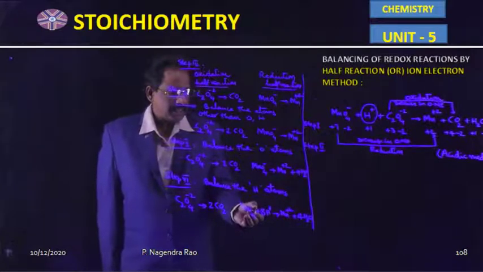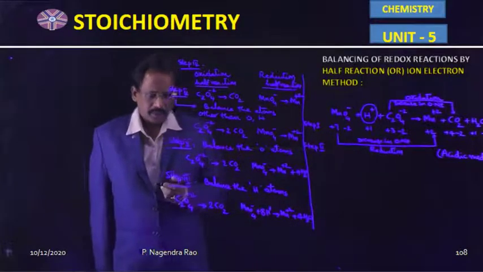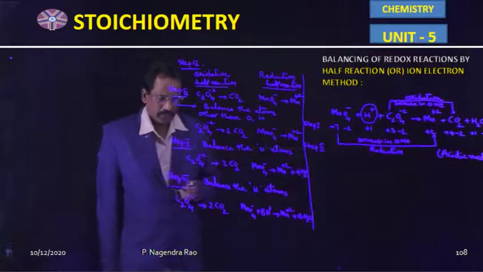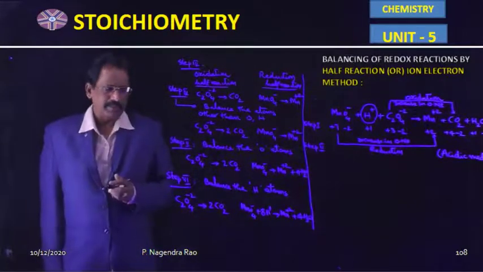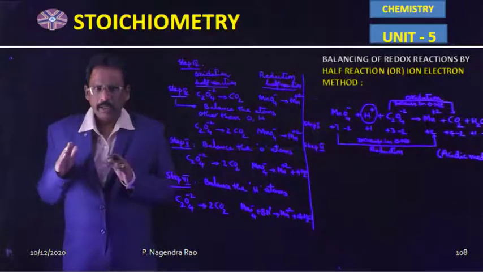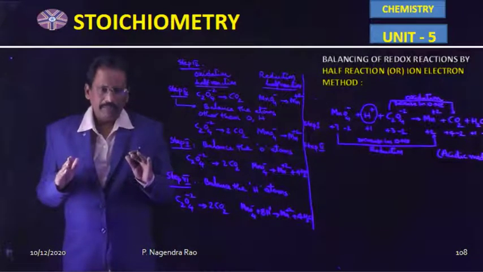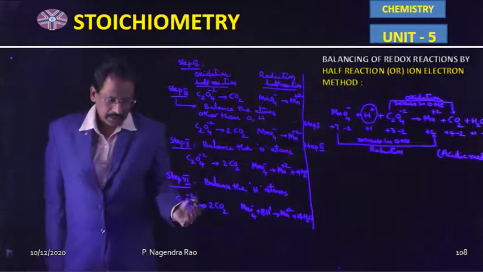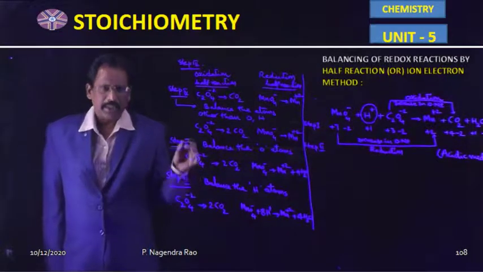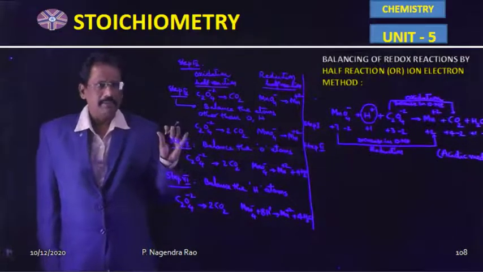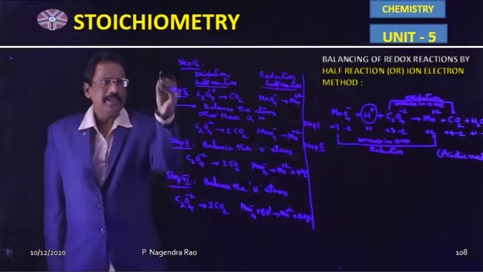In the reactant side, in MnO4 minus, there are 4 oxygen atoms. So up to now, in each half reaction, all the atoms in the reactant side and the product side are exactly balanced.